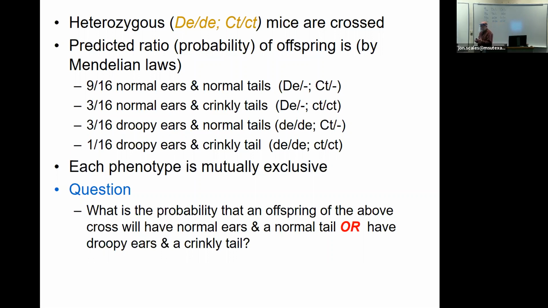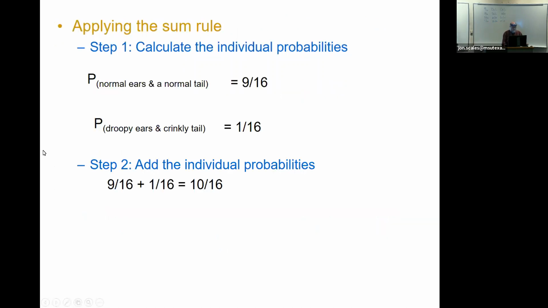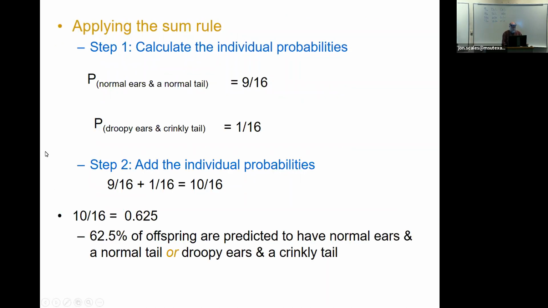So the probability of being one or the other, if you just reached into the cage and grabbed a mouse, what's the probability you pull out a mouse that is either completely normal or completely mutant? 10/16, okay? Which is 62.5%.